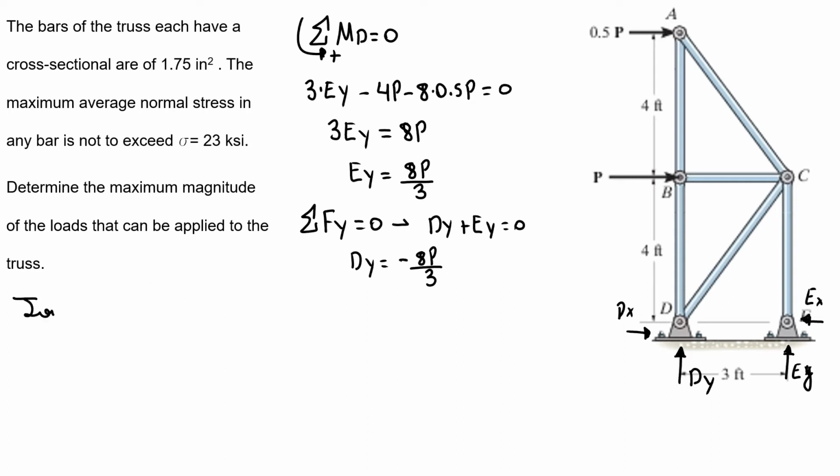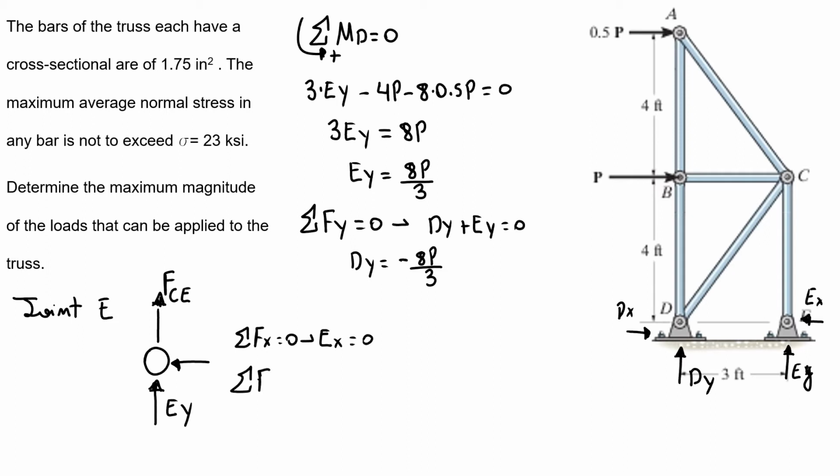So I'll start with joint E just to find our member force EC. Here I have Ey, here I have CE, my force CE. Here I have Ex, and if I do the sum of forces in x equals 0, I have Ex equals 0. If I do the sum of the forces in y direction equals 0, I have Ey plus FCE equals 0.